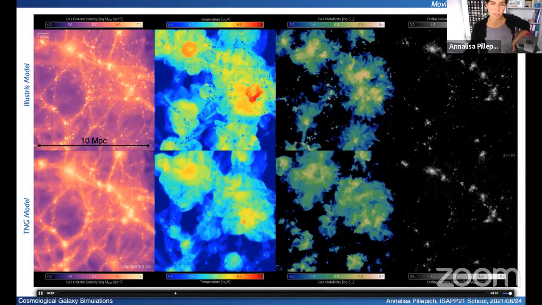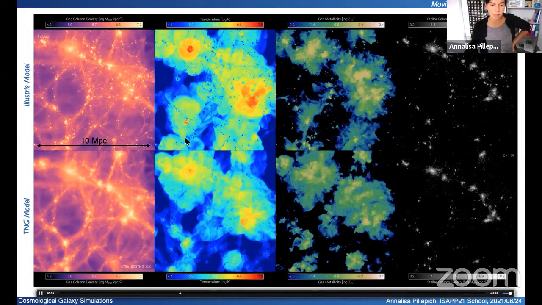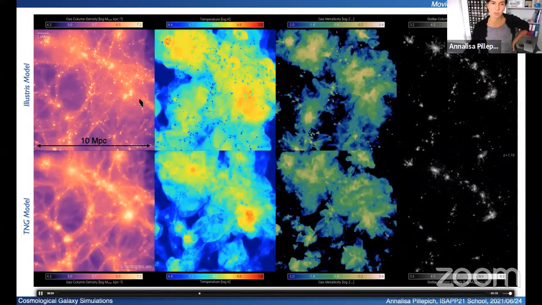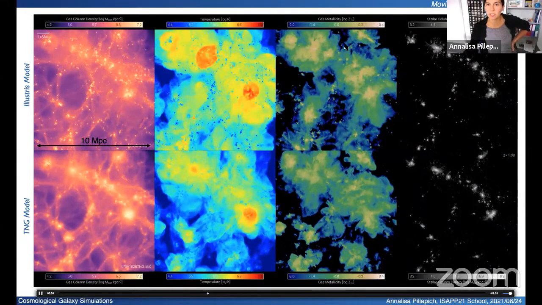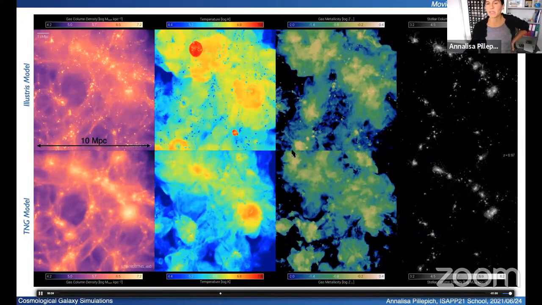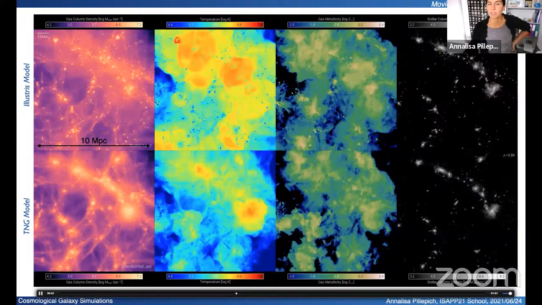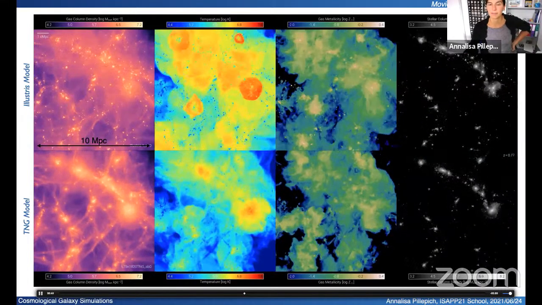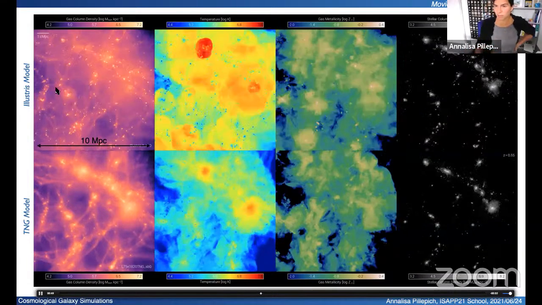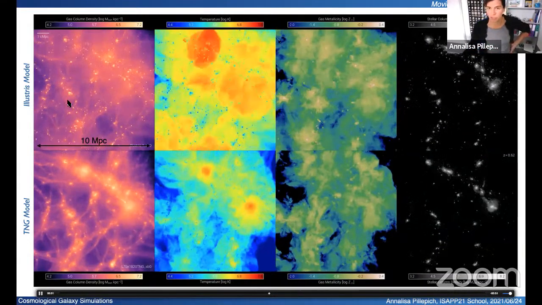What I want you to notice is, for example, how different the density fields of the cosmic structures are, and the temperature of the gas, or how the heavy elements are spread on large scales at low densities. In fact, the Illustris model is already ruled out, which is why we went to the TNG model.